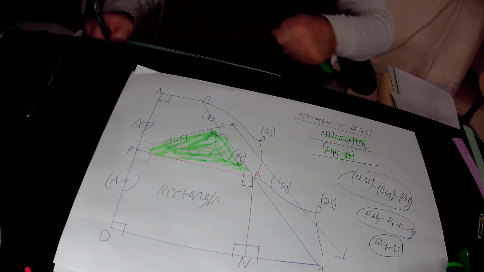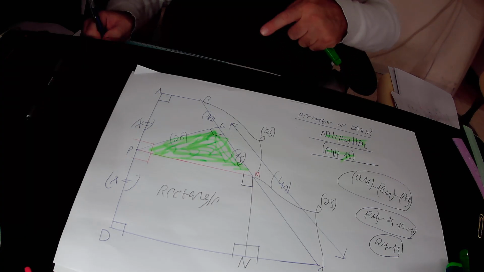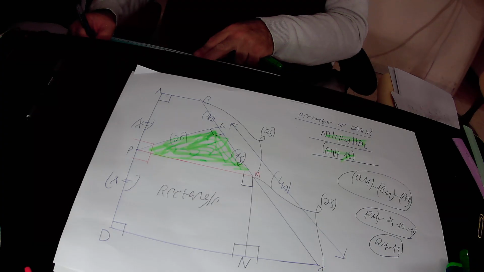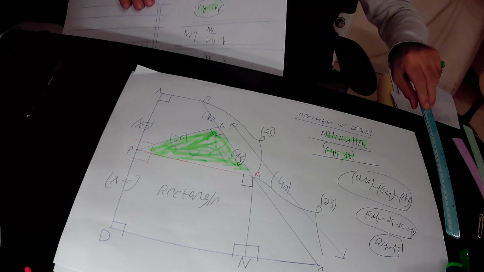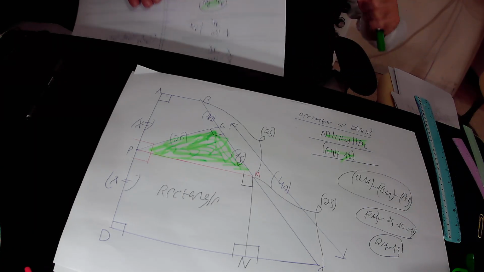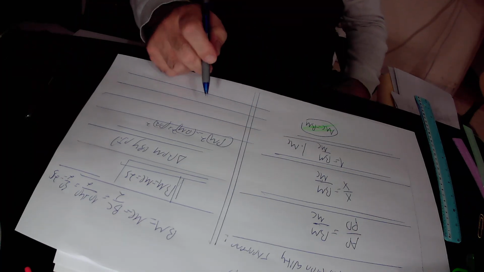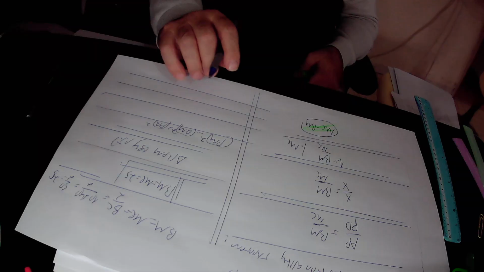equals QM squared plus PQ squared. And again, according to the Pythagoras theorem, in this green right triangle PQM, PM squared equals QM squared plus PQ squared.